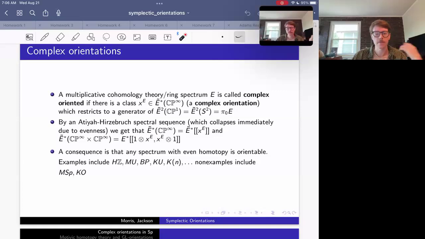If these names start meaning anything to you, great, and if not, it doesn't matter. The idea is that there are a lot of complex orientable spectra, and we can do a lot with them. But notable examples are MSp. This is the Thom spectrum for symplectic bundles. We'll get to that later. It's in the title of the talk. And more familiar that is not complex oriented is KO, real K-theory.